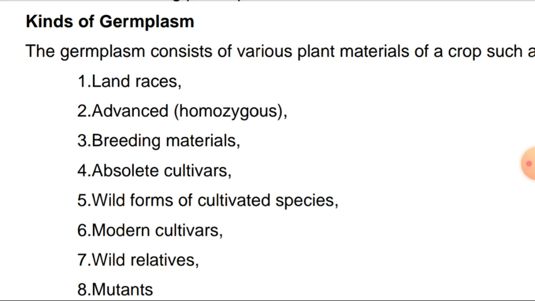The importance of land races is that they have high genetic variability or diversity, and they show resistance to biotic and abiotic stress conditions because of their broad genetic base and wider adaptability.